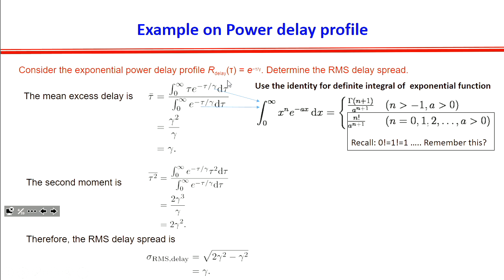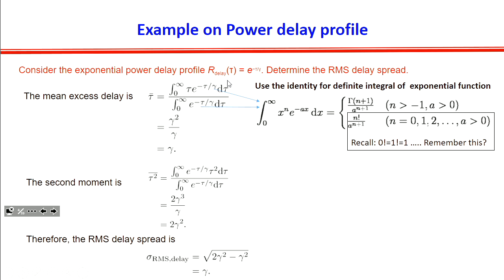So it doesn't have to exist for all time. Although we are representing it as an exponentially decaying power delay profile for all tau, it doesn't mean that there are multipath signals coming in for all delays. It is only going to occur at discrete delays.